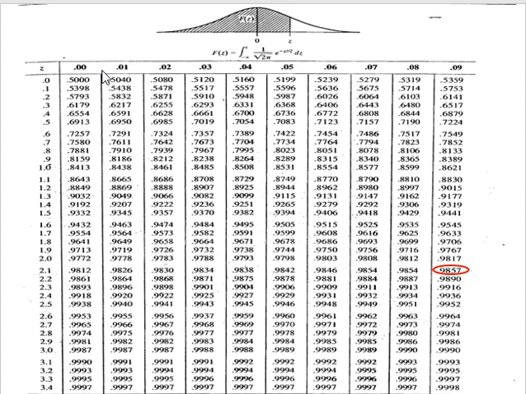The common mistake is people take the value of Z and apply the rule on Z. The rule is not on Z. You have to come to this table and find the cumulative probability. The rule is for the probability, not for the Z value. Clear? Any questions?